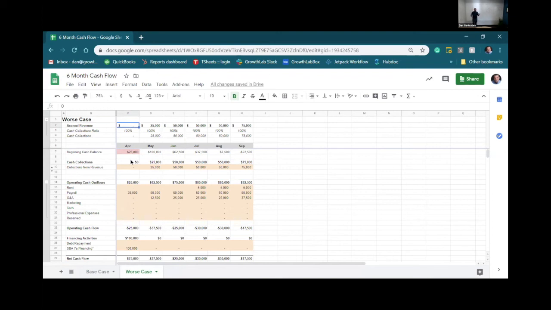But let's say that even though our government wants to open up the economy and get businesses open in May, there's a second wave of COVID. And we don't actually get to open up until end of June. So now that pretty much wipes out May, and it pretty much wipes out all of June.